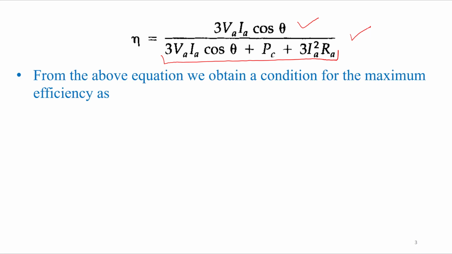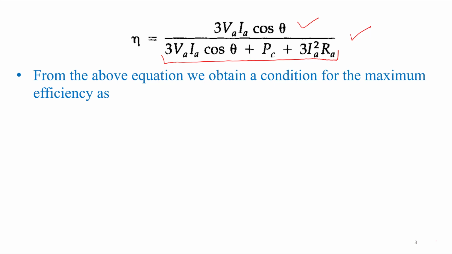Now from this equation we can obtain the condition for maximum efficiency, as we have done earlier for the transformer as well as for the DC motor and DC generator, right? Can you find it?